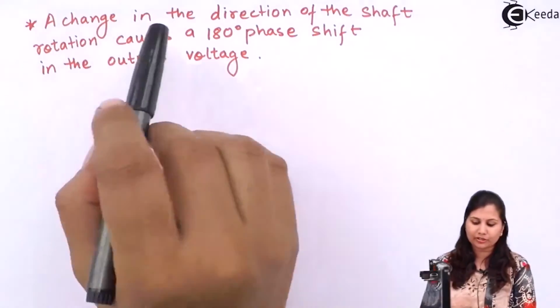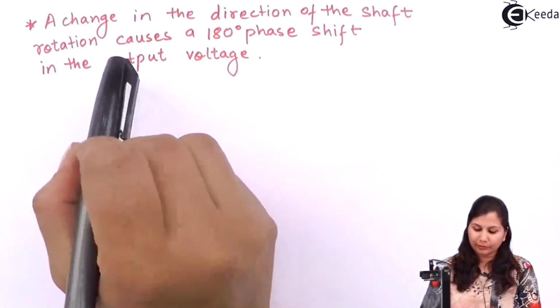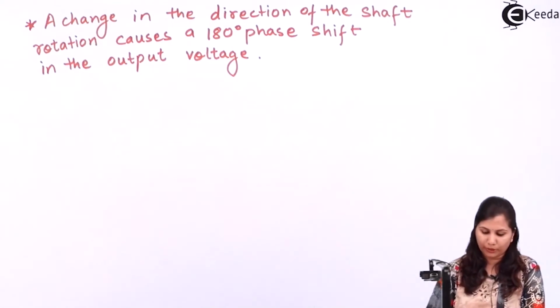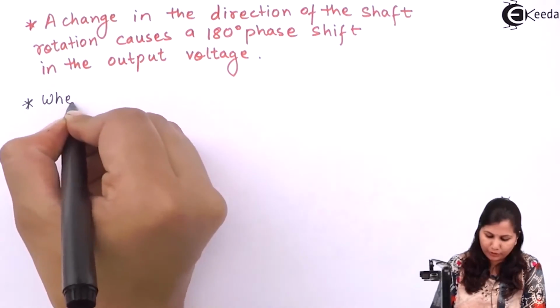So if we change the direction of the rotation of the shaft, it will cause a 180-degree phase shift in the output voltage.